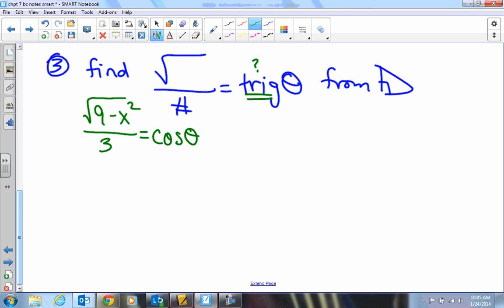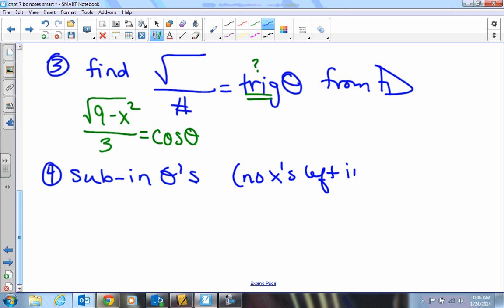Okay. Step 4. Substitute in thetas, so no x's left. Let me look at our original problem. Our original problem was the integral of dx over radical 9 minus x squared.